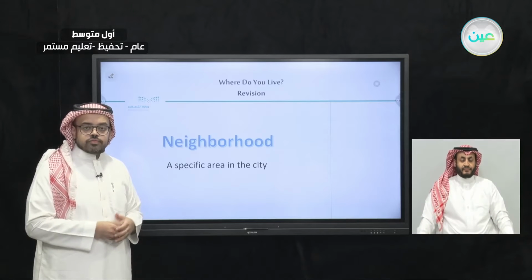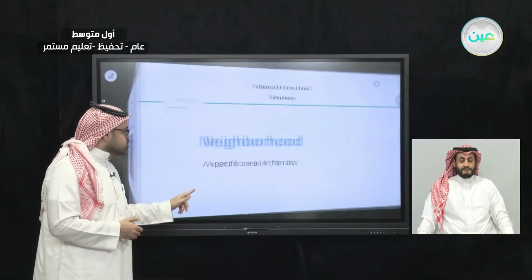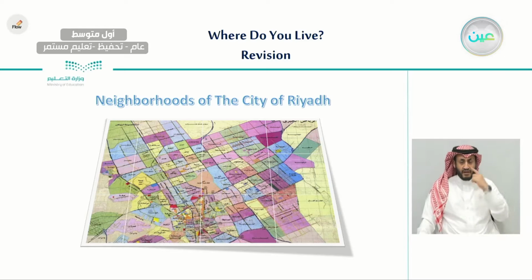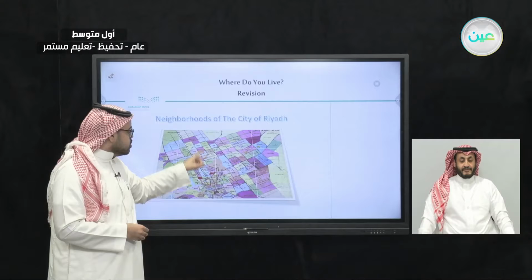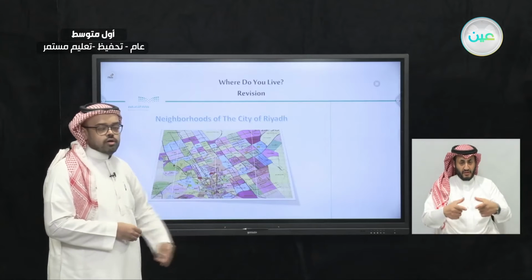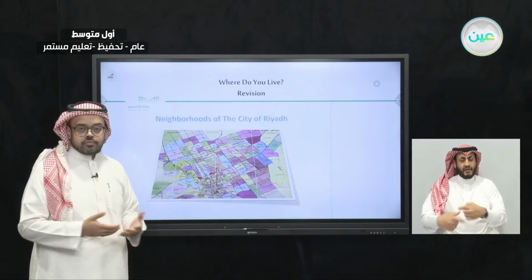And we also, if you remember, showed a map of the city of Riyadh, and we said these are the neighborhoods of the city of Riyadh. So as you can see here in those colored boxes, these are the neighborhoods of Riyadh.